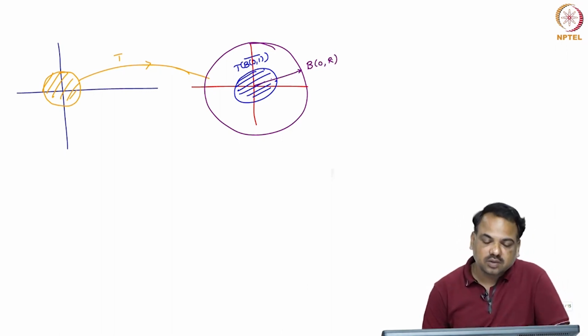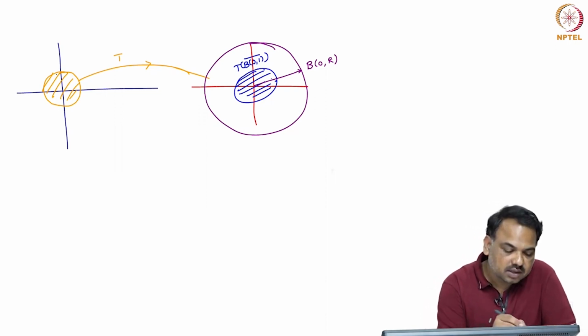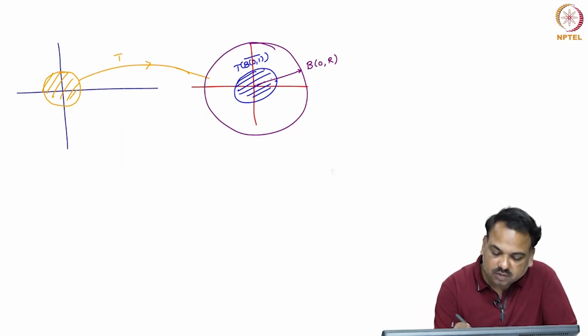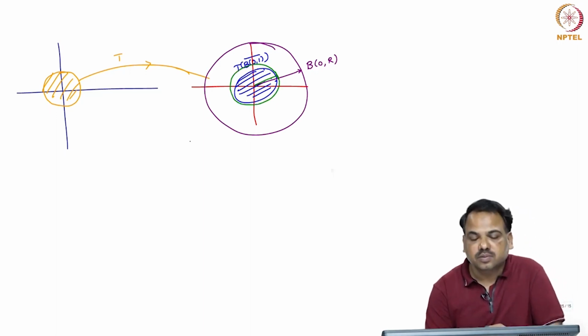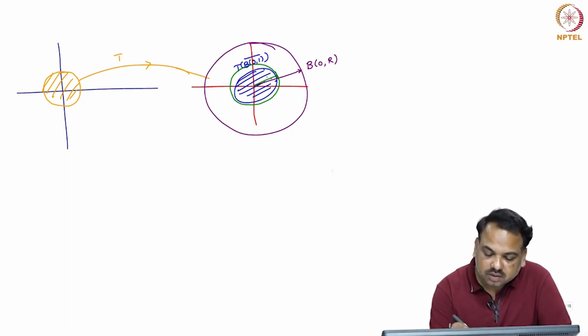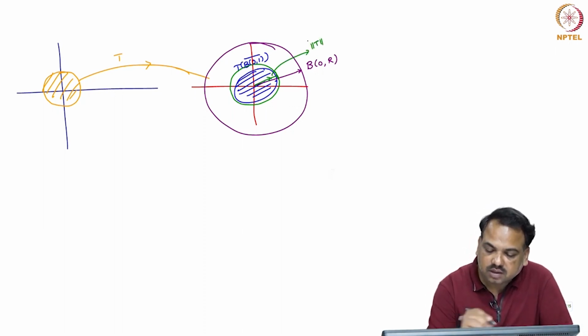Now what we are going to do is, instead of looking at this, look at the smallest ball. So here the radius is this one. If you get a ball like this, it contains the image of the closed unit ball under this map. Now this one actually gives the norm of the operator.